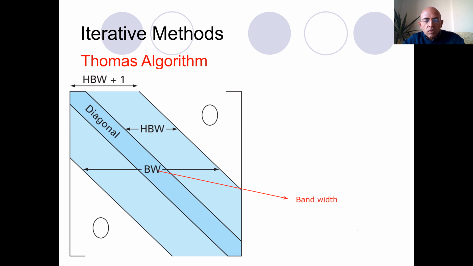Certainly, the distance from the diagonal to the last coefficient is the half bandwidth.